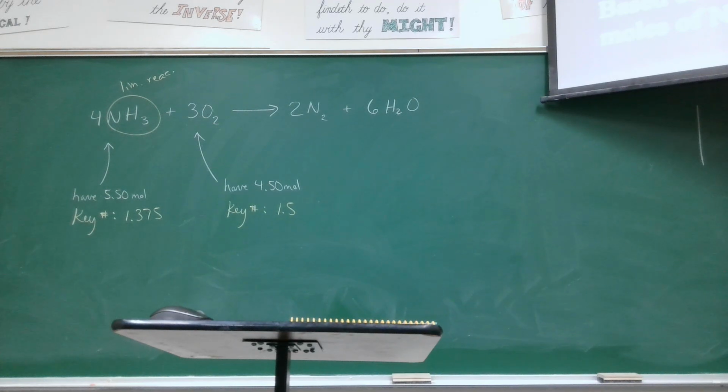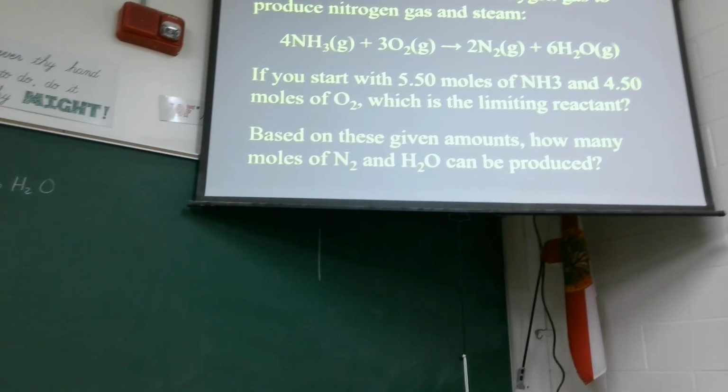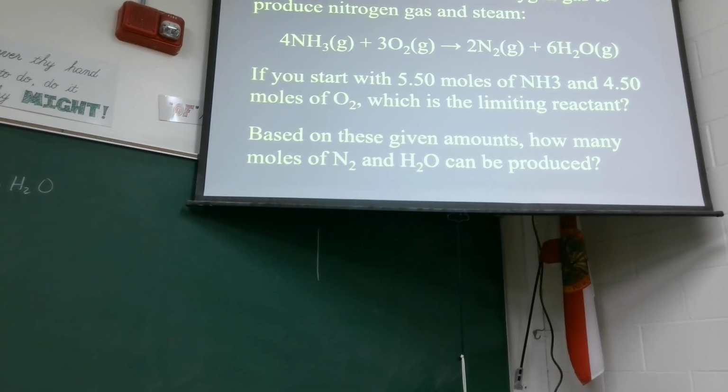So, when it says in the next part of the question, based on these given amounts, how many moles of N2 and H2O can be produced? Well, which number are we basing everything off of, class? The 1.375. That's our number. Notice it asks how many moles. That is happy, because when it asks for moles, it's silly easy to find the number of moles.